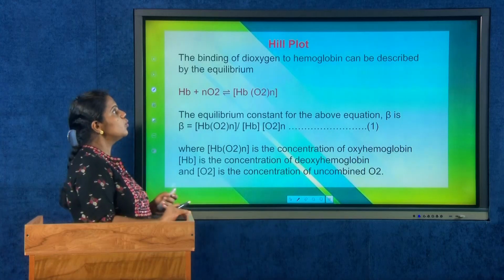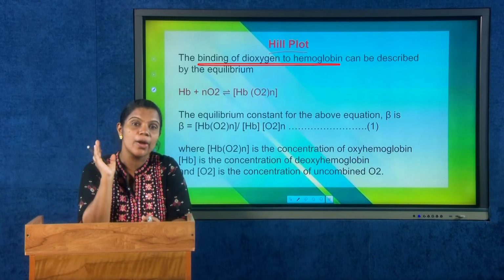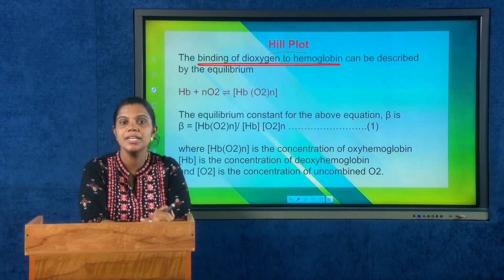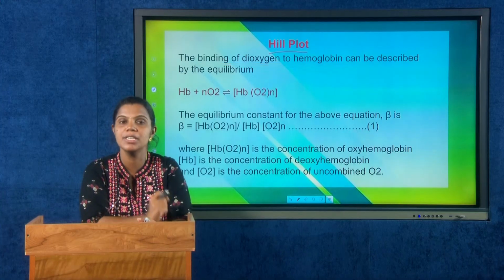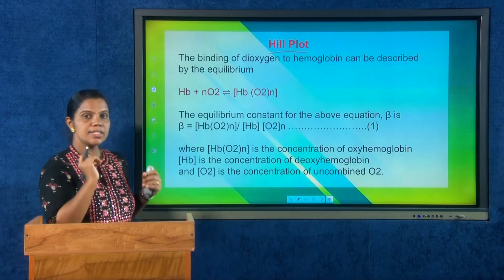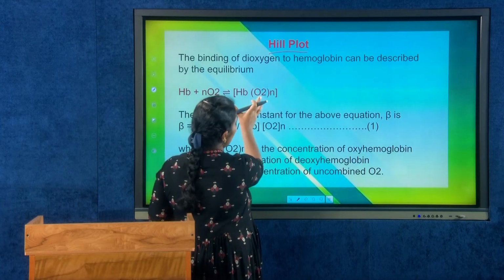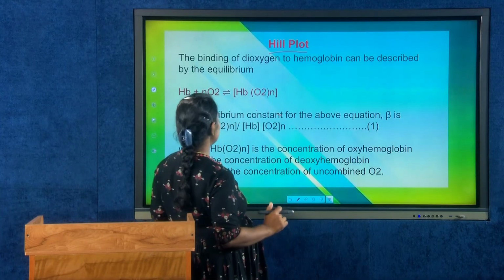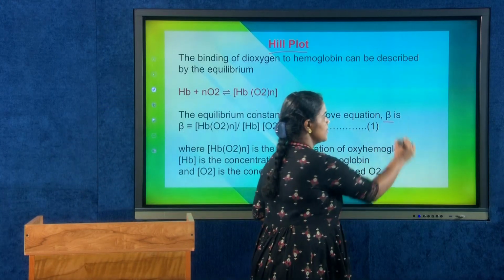Now, let us see what a Hill plot is. The binding of dioxygen to hemoglobin can be described by this plot. Consider the equilibrium: hemoglobin plus n number of oxygen gives the bound hemoglobin with n oxygens. The equilibrium constant for the above equation can be given as beta.